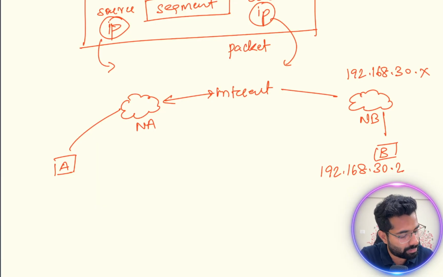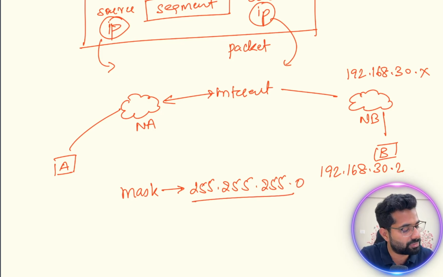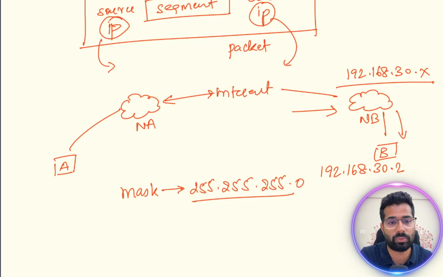There will be a mask, and with the help of the mask, we will be able to know the network route. Once the packet reaches this particular network, we'll be able to know the host route, which is 192.168.30.2. So with the help of the mask and IP address, we get to the network, and from the network we get to the host inside that network.